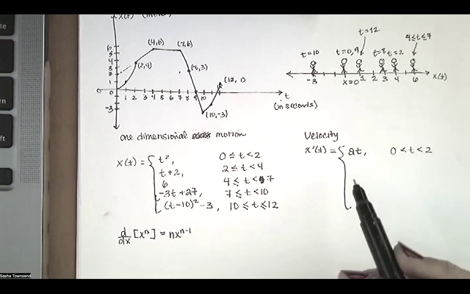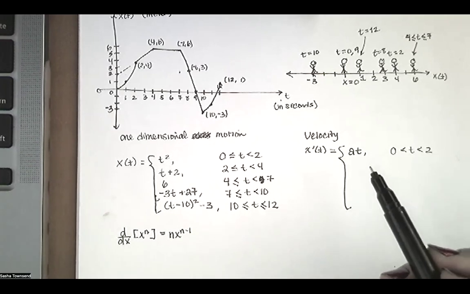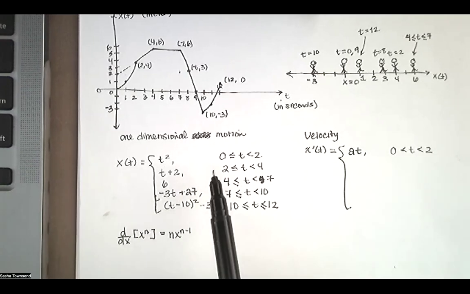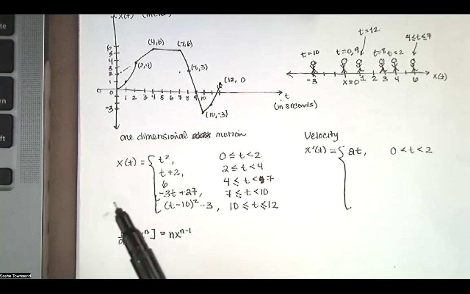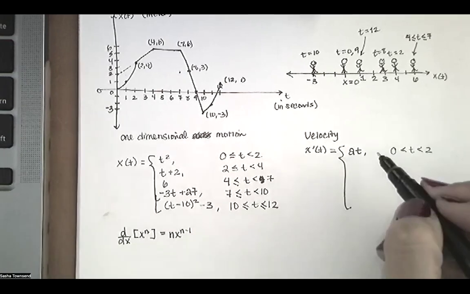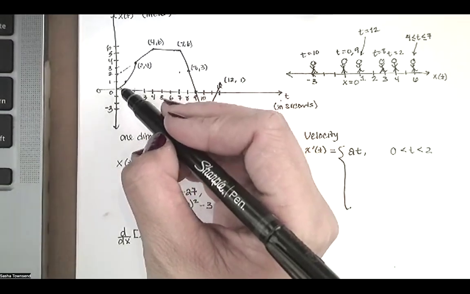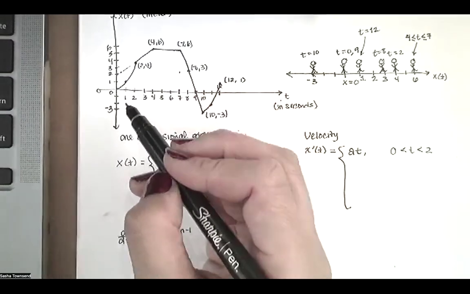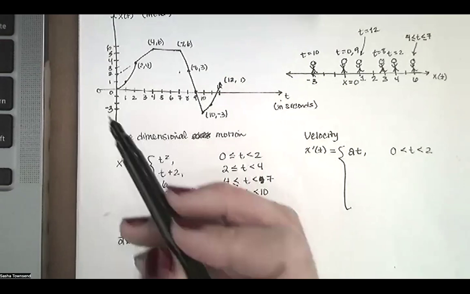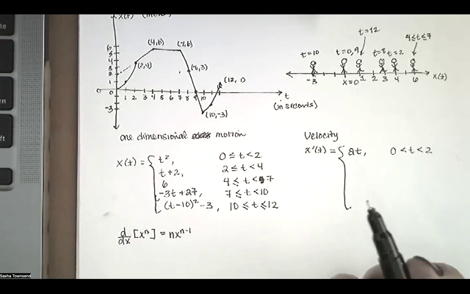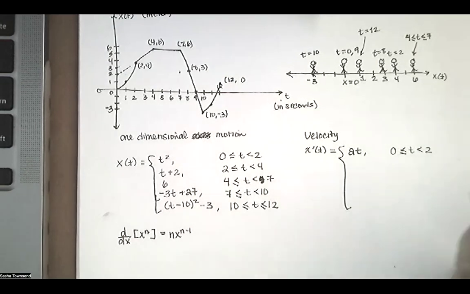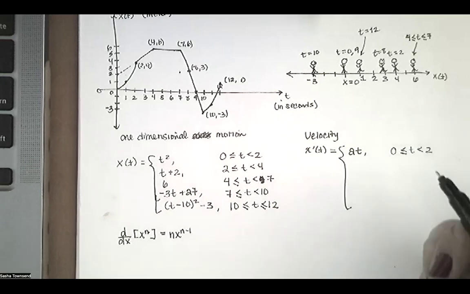Now, we say that a function has a derivative from the right if the slope is well defined as we approach that point from the right. And our slope is well defined and our curve was continuous there. So we can actually include this point when t equals 0.